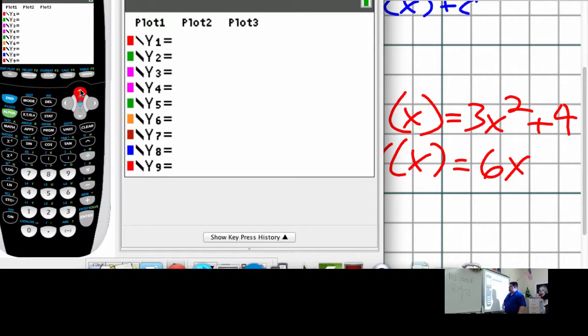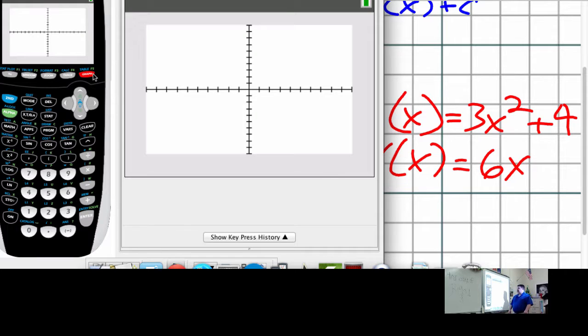If I take 6x and I graph that, well, that's a linear function, but we learned yesterday that when the derivative is negative, the regular function is decreasing. And when the derivative is positive, it's increasing. So this derivative represents the slope of the tangent line for all x.